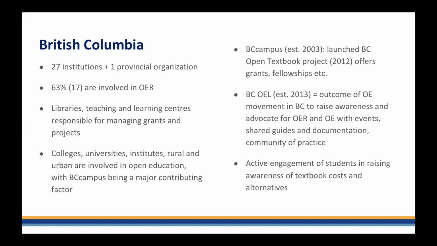And there's active engagement of students in raising awareness of textbook costs and alternatives in BC. Many of us would be aware that they've done the Textbook Broke campaign, and also surveyed students around their textbook use. That's helped broaden the conversation around the cost of textbooks and its impact on teaching and learning.